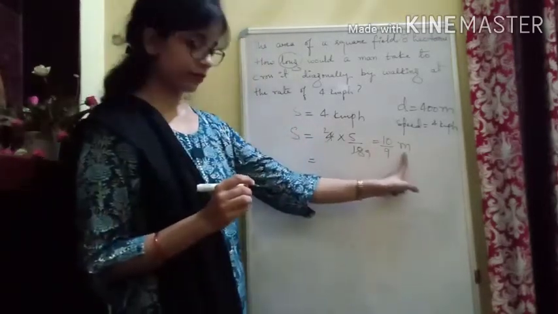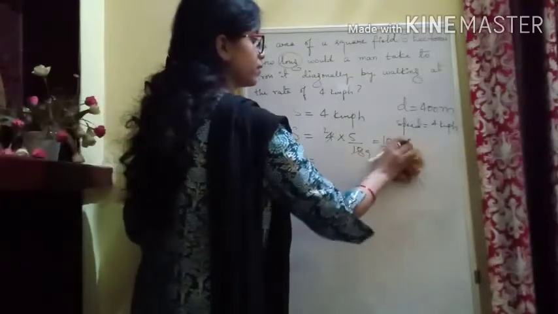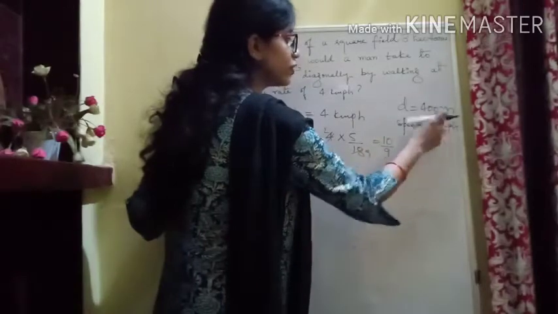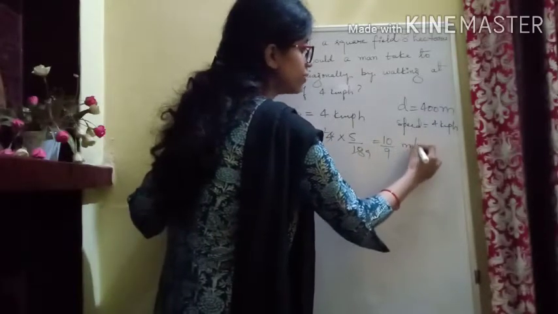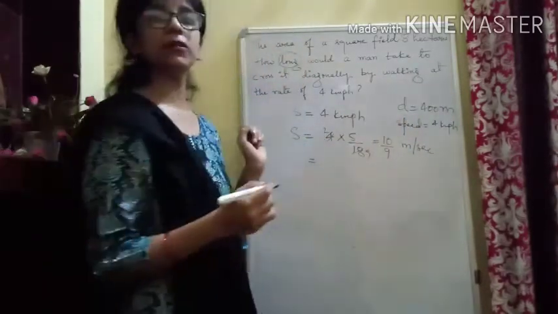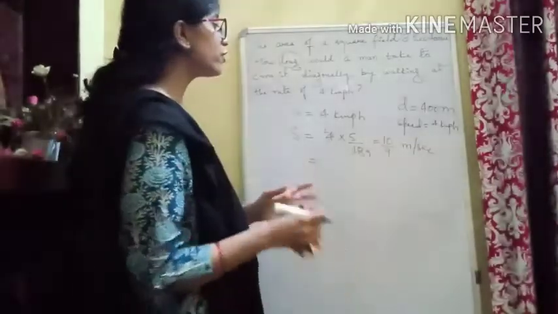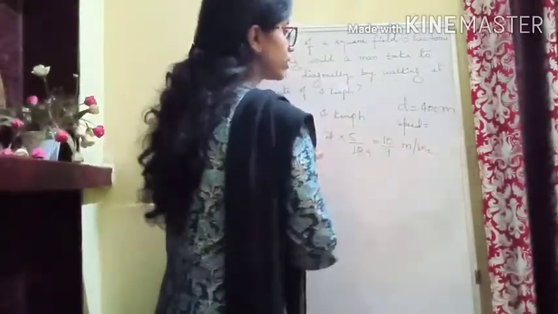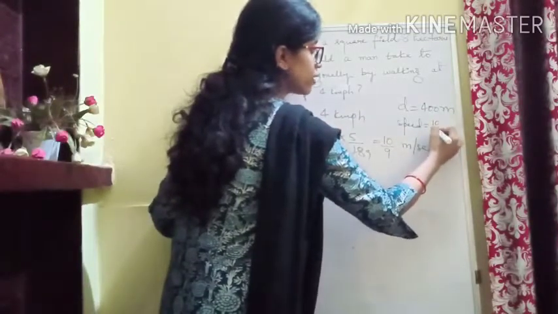It is coming 10 over 9, and we have converted it into meter per second. Okay. Now we know the speed, we know the distance, so let us calculate the time. Speed is coming 10/9 meter per second.